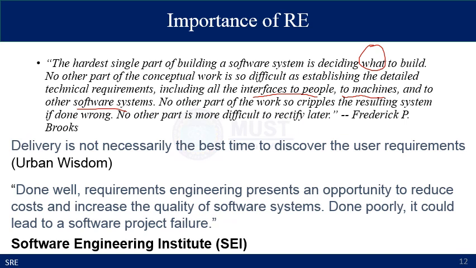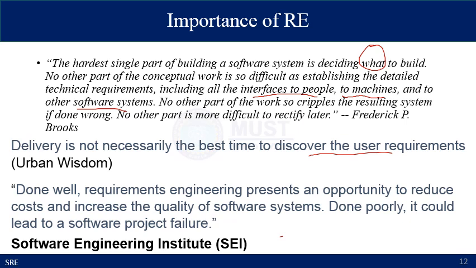It is also backed by some definitions from the famous author Urban Wisdom and the Software Engineering Institute. Delivery is not necessarily the best time to discover the user requirements. It is stated that the user requirements should be elicited at the start of your software development life cycle.